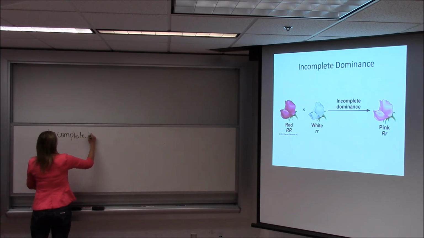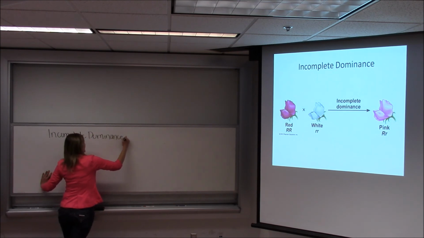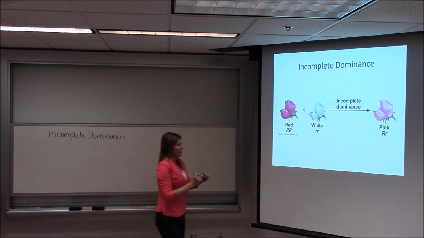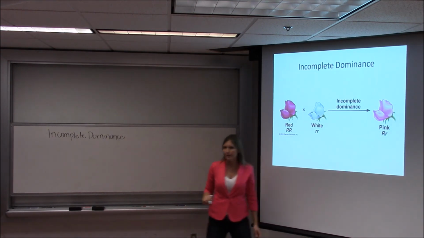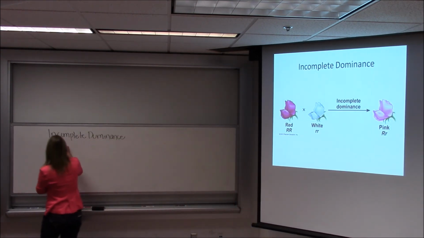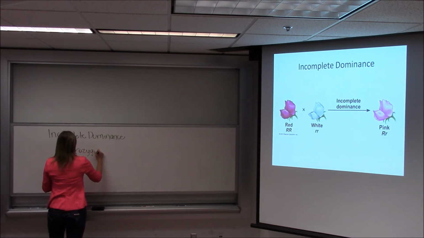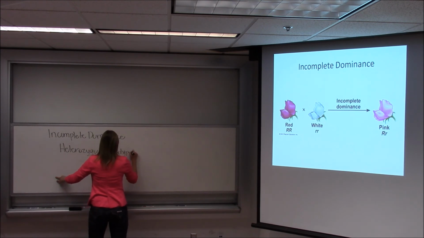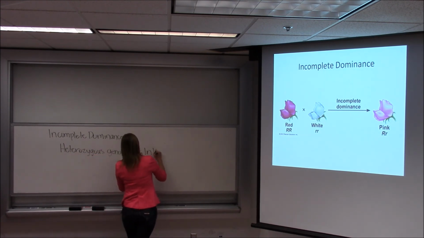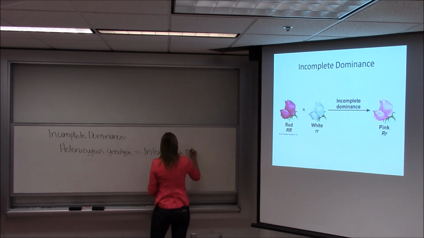In incomplete dominance, again, looking at the heterozygous individuals, the heterozygous individual has an intermediate phenotype. Heterozygous genotype equals intermediate phenotype.